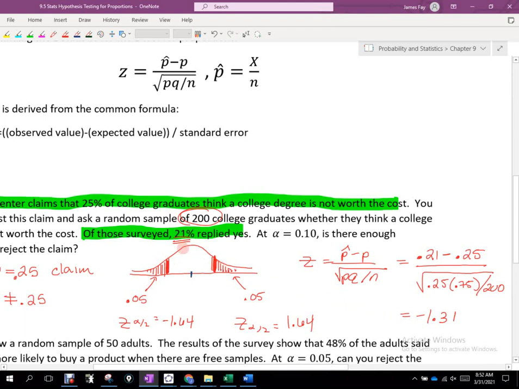So negative 1.31 is going to be to the left of 0, but does it get far enough into the rejection region? Or is it going to stop short, isn't it? So that right there is going to tell me what I do with the null hypothesis.